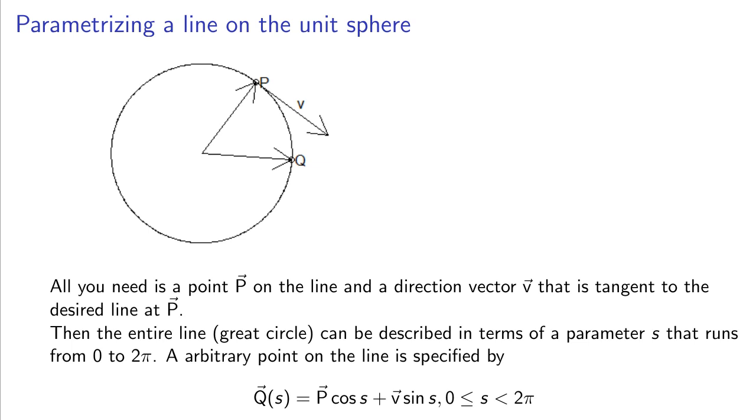And then we have a direction vector, V, that's tangent to the circle, tangent to the surface of the Earth, along the line that goes from P to Q. And you will recall that given any angle, S, if you take the position vector times the cosine of S, plus the direction vector times the sine of S, you get another point, Q, on the same circle. It's a function of the angle S between these two vectors that you chose.